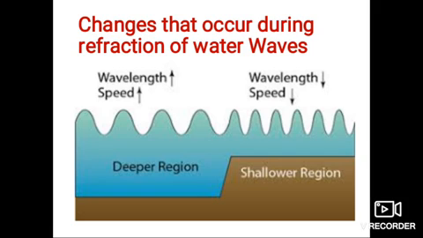Also, when waves move from deep water to shallow water, the speed of the wave also reduces. The speed will also change, okay? Number 3, when waves move from deep water to shallow water, the amplitude also reduces. Remember, we said amplitude is how high a wave has been displaced.